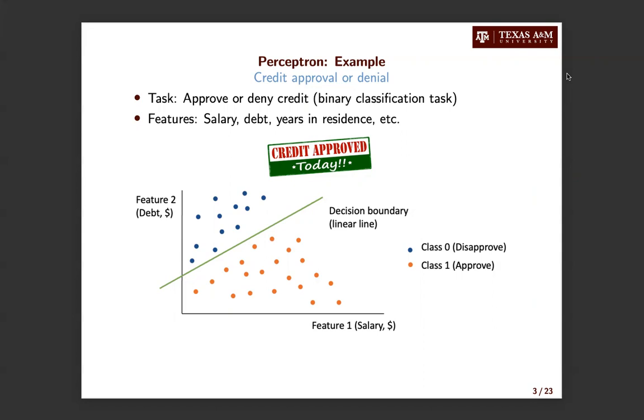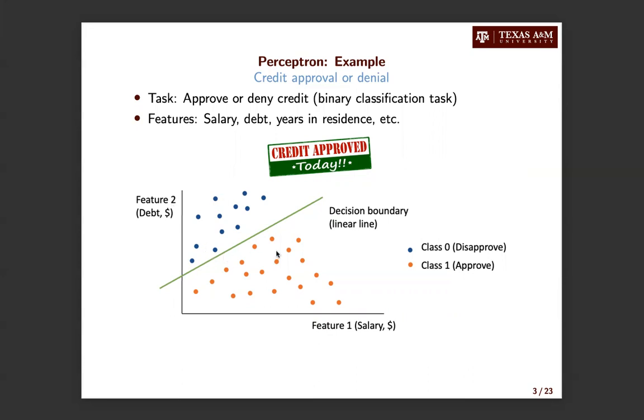You have probably seen so far that we are discussing a binary classification example. However, this can be generalized to a multi-class classification example, which will be presented at the end of these slides. In this specific case, we have our two-dimensional space, which is represented by the first feature, a person's salary, and the second feature, a person's debt.